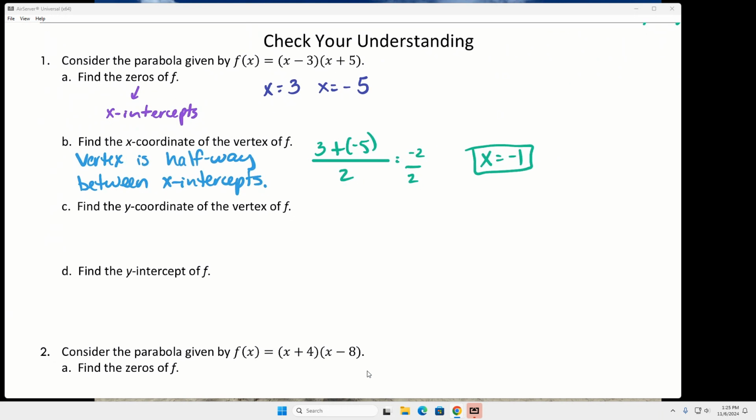All right, how do we find the y coordinate if we know the x coordinate? It would be the y that goes with that x. You're just going to plug it in. So we're just going to plug the x coordinate into the function, or find f of negative 1.